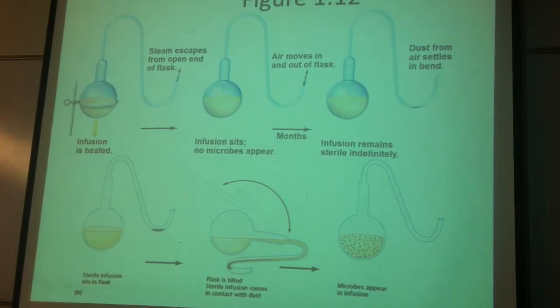So this is media, which is a liquid, because you wouldn't be able to tilt it if it was agar. The swan neck flask is great because it allowed air, so we know there's enough air that microbes could grow if they were in there. Then to prove that point, they tilted the flask or broke it off, and look, everything can grow. So it was very clean evidence that this is how it works.